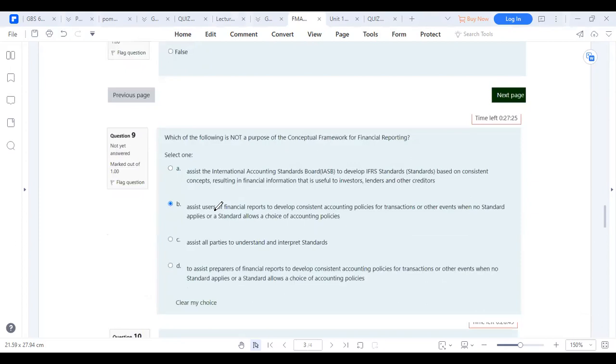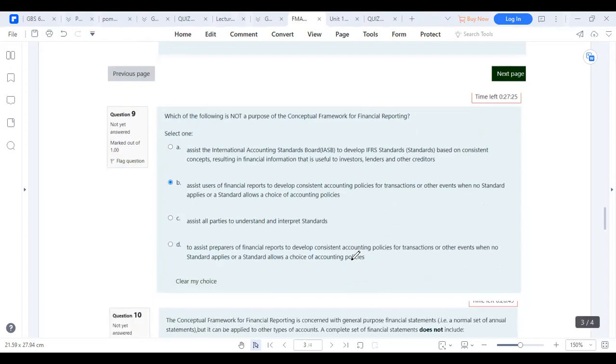To assist users of financial reporting to develop consistent accounting policies for transactions or other events where no standard applies or a standard allows a choice of accounting policy. To assist all parties to understand and interpret.